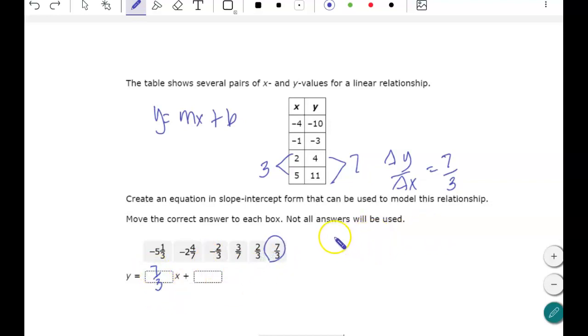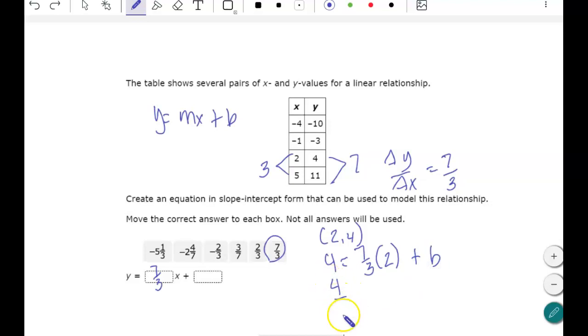Now this part is going to be a little bit trickier. You can use any point. I'm going to use the 2 and the 4, 2 comma 4. Let's remember x and y, and we plug them into this equation. So y is 4, and then it's 7/3 times the 2, and then we find out what b is from there.